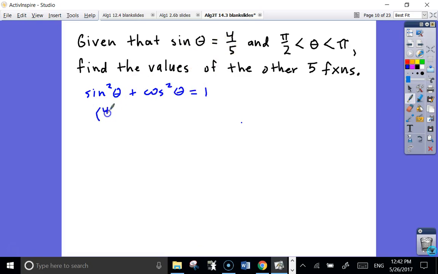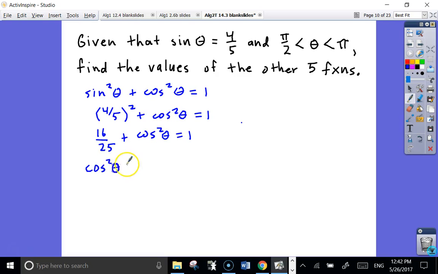So I have (4/5) squared plus cosine squared equals 1. This is 16 over 25 plus cosine squared equals 1. So cosine squared equals 1 minus 16 over 25.